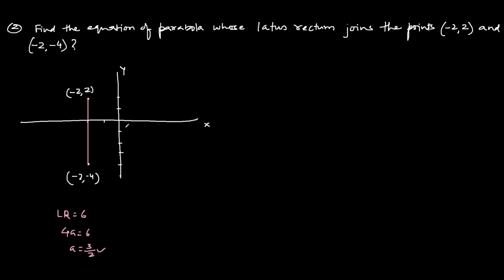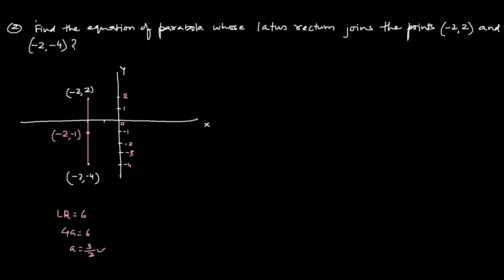And the coordinate of the focus has to be at the center of these two points, that is 1, 2, 3, 1, 2, 3. So the focus is (-2, -1).